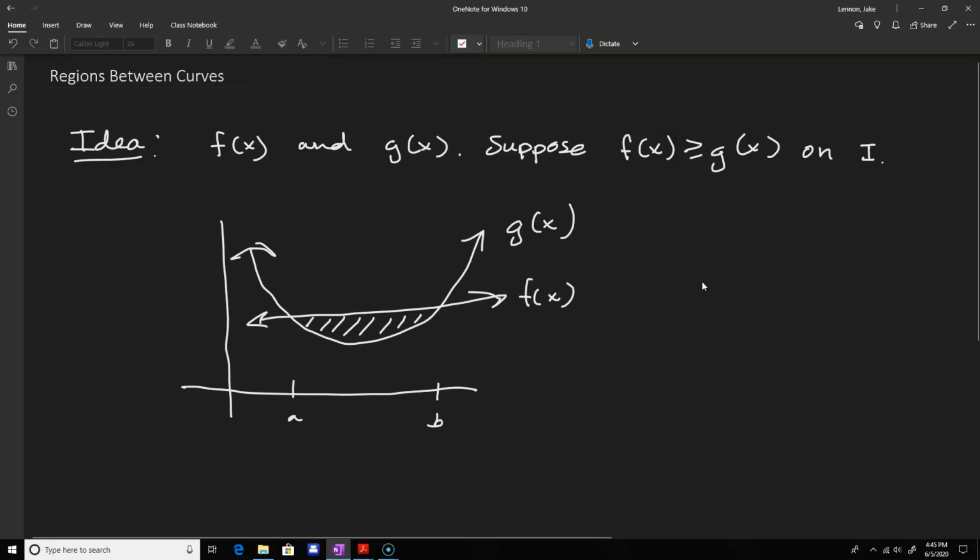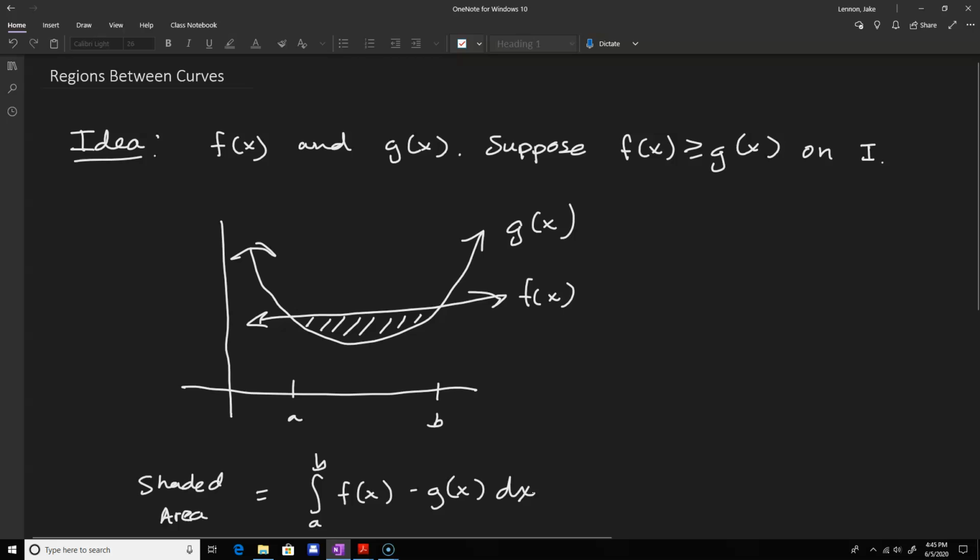And the way to do that is pretty simple. We just set up the integral almost exactly like you'd expect. So the shaded area is given by the integral from A to B of f of x minus g of x dx, because that is the function that's on top during that region.